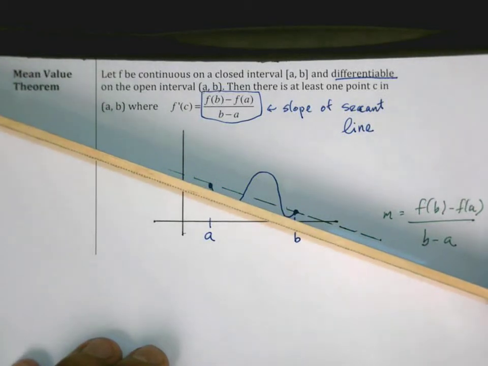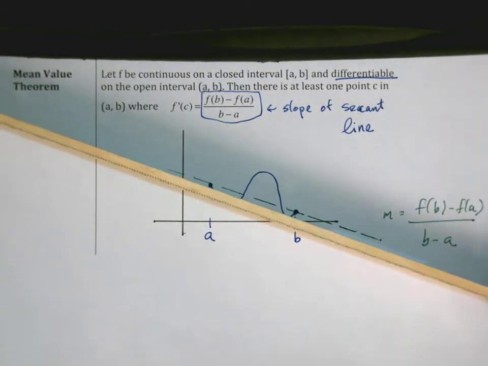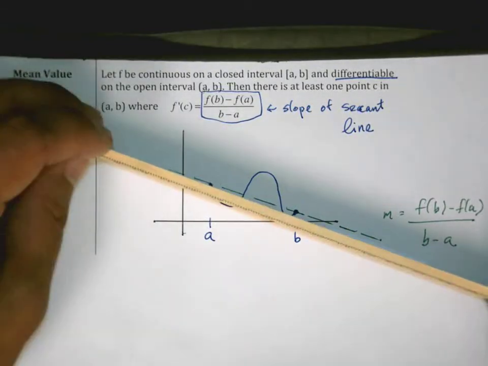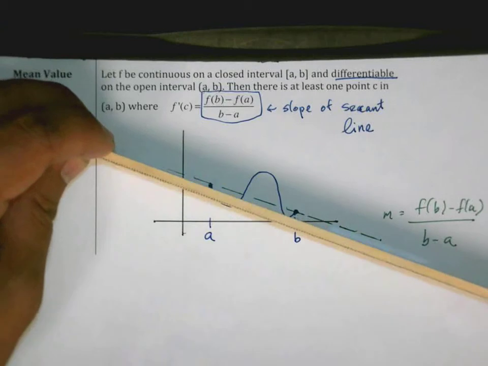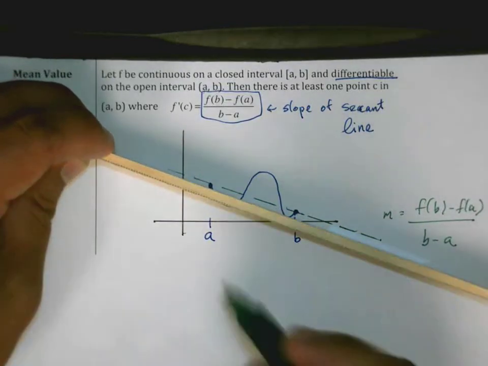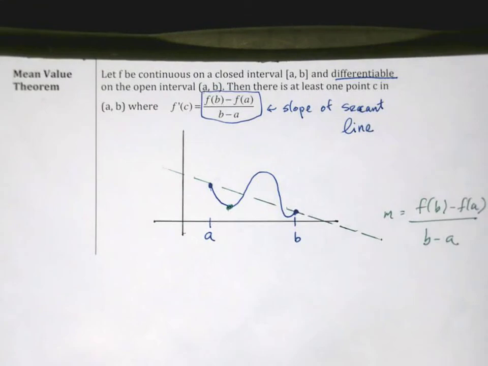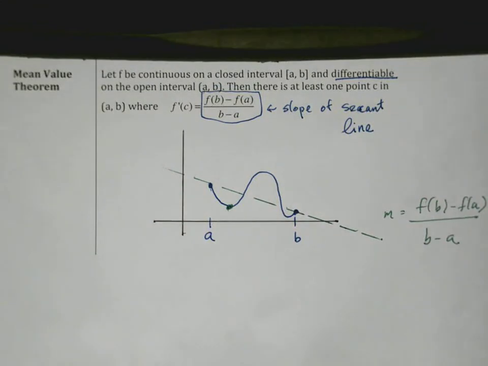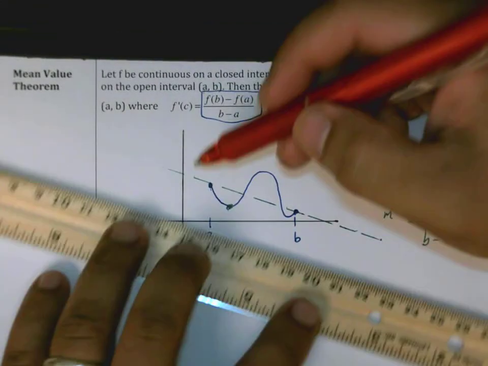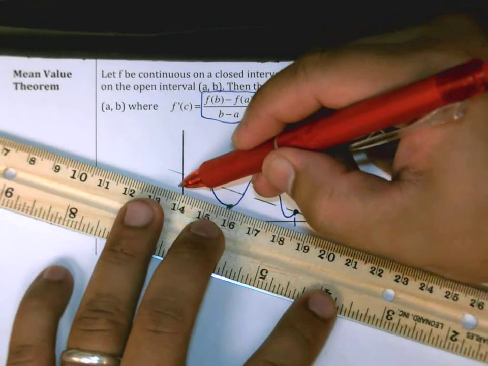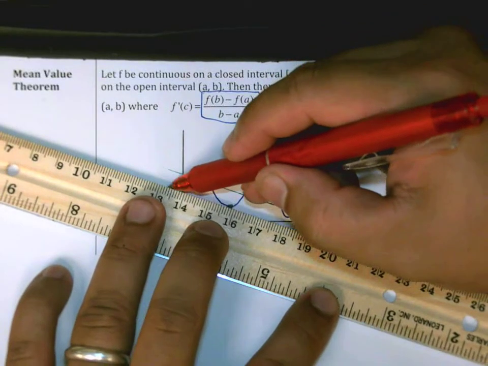So right about there, the slope of the tangent line happens to be equal to this slope. So this is C.